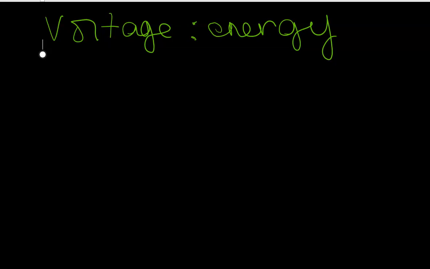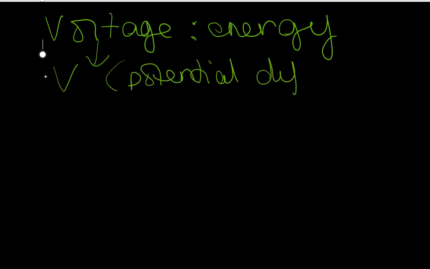So you firstly must have a substance, a medium, such as a metal wire, where you do have charges being present. Or you can have an electrolyte where you have 2 kinds of charges. Now, for these charges to move, they must be given energy. So voltage is symbolized by V, and it is also called potential difference. That's another name for it, right?